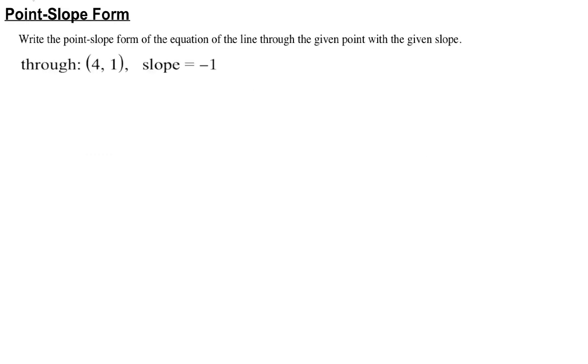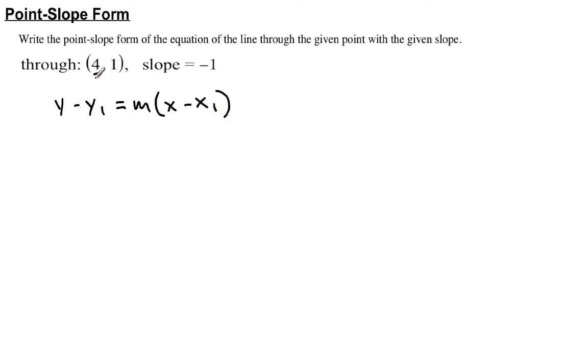Okay. On the next problem here, now basically we're kind of doing the same thing, where it's going through this point and it's given this slope -1. So we're just going to write, in our general form here, y minus y1 is equal to m times x minus x1.